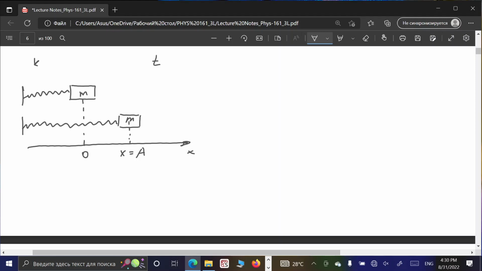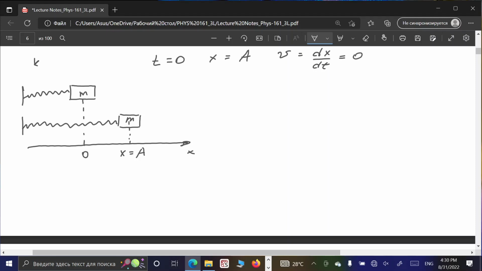At t equals 0, the x coordinate of this block will be A. And since the block is located at the maximum displacement from the equilibrium condition, the velocity, which is the first derivative of position over time, is also equal to 0 at t equals 0.